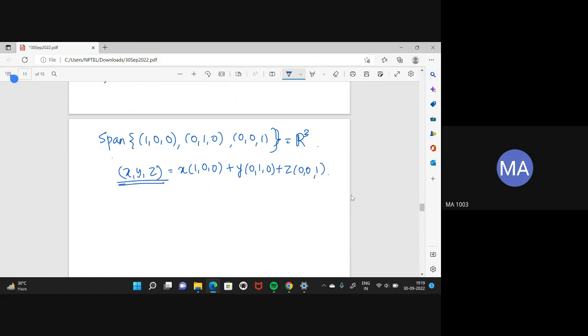So any point in R3 can be written as a linear combination of these three vectors. So this will be a spanning set.